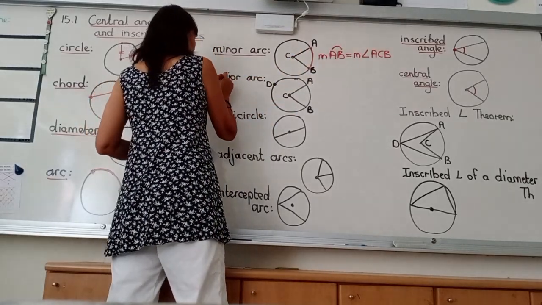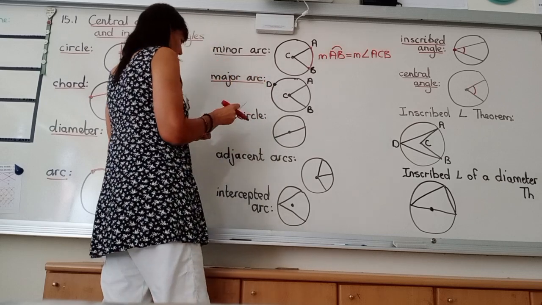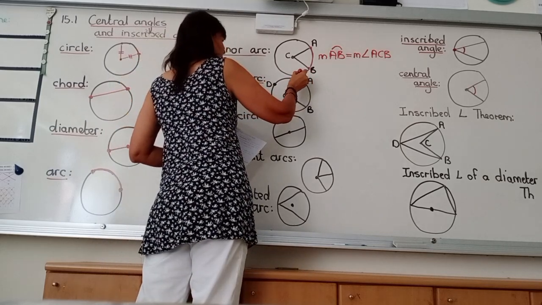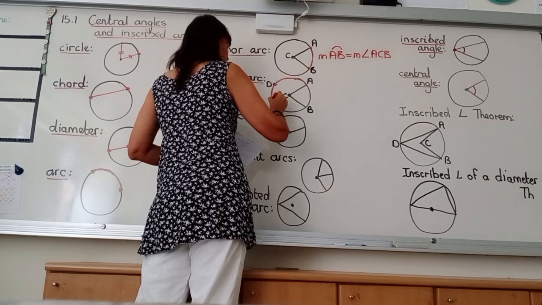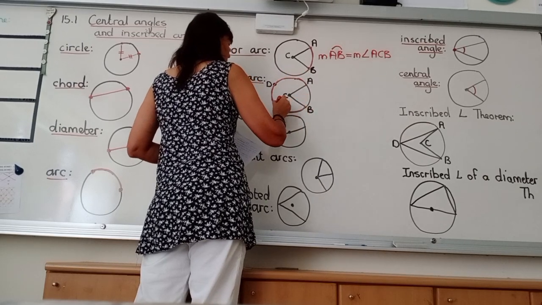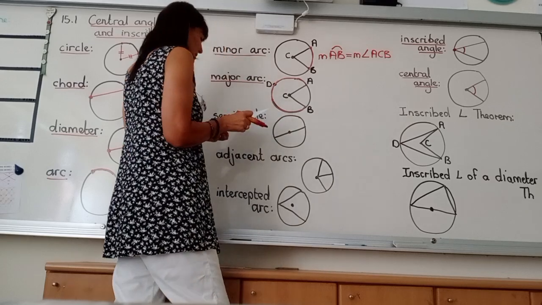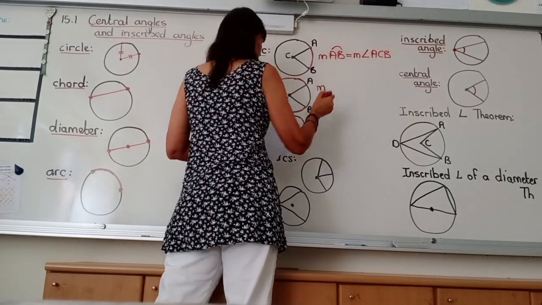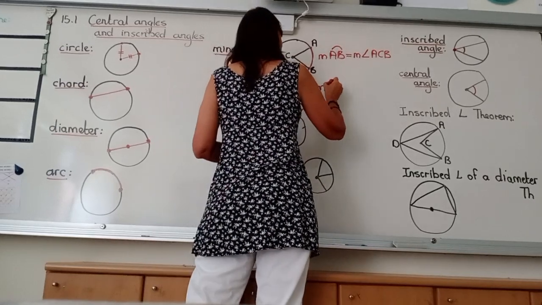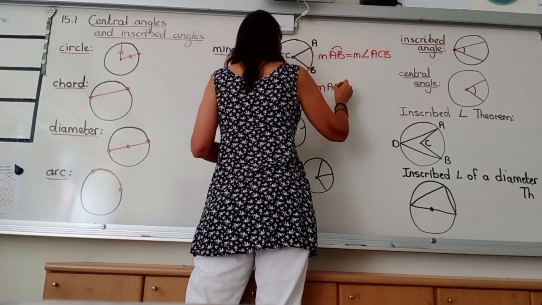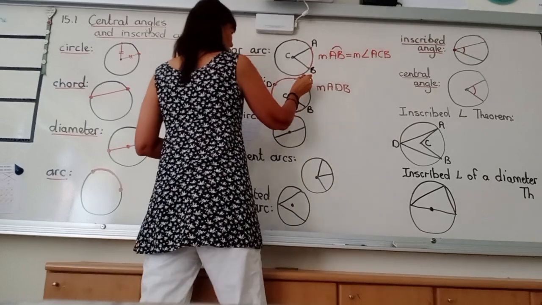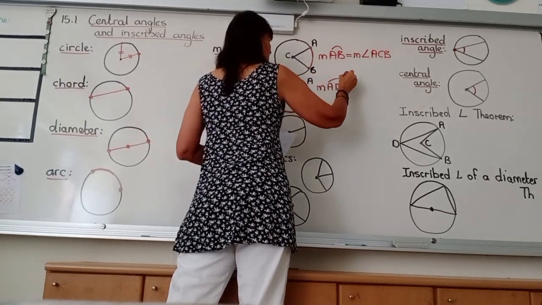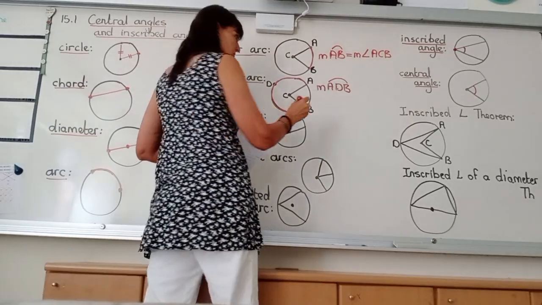The major arc will be all the points here on the exterior of this central angle. So this part will be a major arc. How do we calculate the major arcs? A, D, B. And how do we get this major arc's measurement?